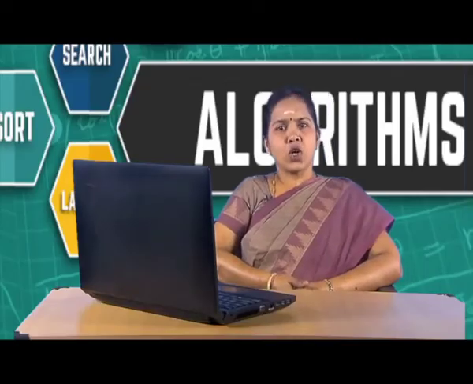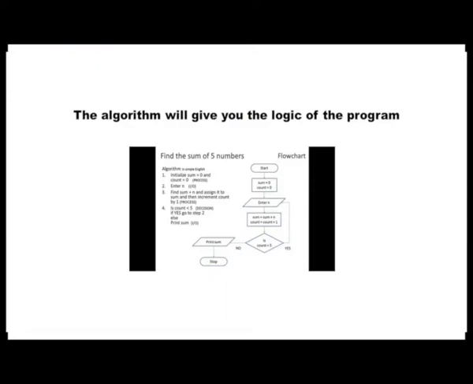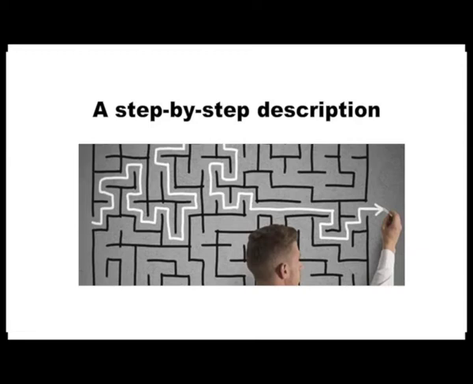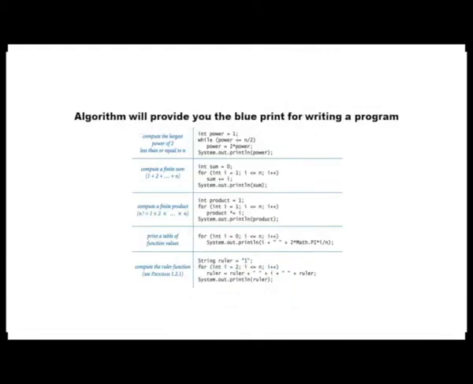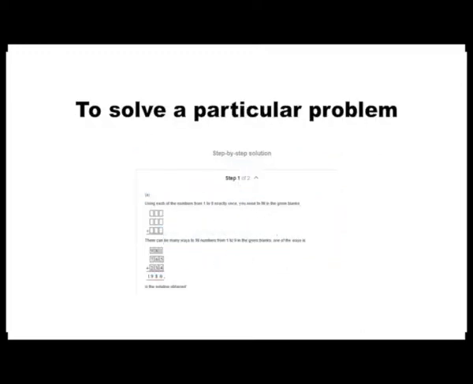Coming back to algorithms, the algorithm will give you the logic of the program, that is, a step-by-step description of how to arrive at a solution. In general terms, an algorithm will provide you the blueprint for writing a program to solve a particular problem.